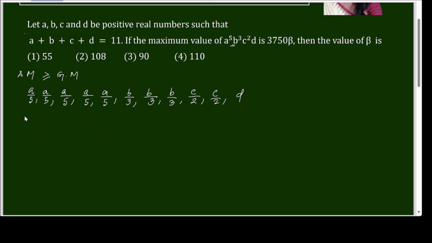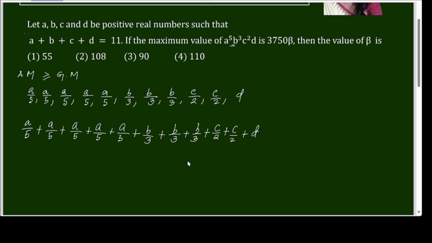So I am taking the arithmetic mean of these numbers. It will be A over 5 plus A over 5 plus A over 5 plus A over 5 plus A over 5 plus B over 3 plus B over 3 plus B over 3 plus C over 2 plus C over 2 plus D, and their arithmetic mean will be over 11, which is greater than or equal to (A by 5, how many times?